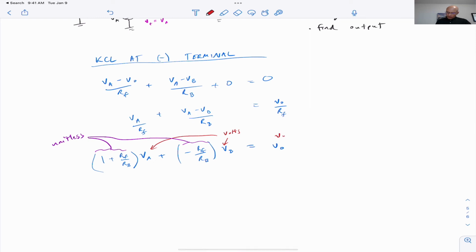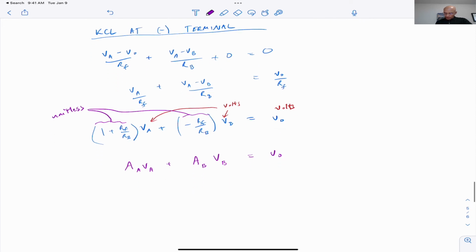So our answer has units of volts, and that's good. The other thing we can do is write this like this, VA with some gain AA, and gain AB times voltage VB, equals VO. And we can recognize that voltage A has gain AA, which is this. AB, gain B, is just negative.